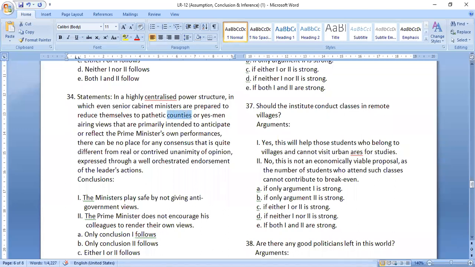Yeah, it can be inferred, but can it be concluded? Oh, sorry, pathetic allies, I'll just change that, or yes man, airing views that are primarily intended to anticipate or reflect the Prime Minister's own performances. There can be no place for any consensus that is quite different from real or contrived unanimity of opinion expressed through a well orchestrated endorsement of the leader's action.